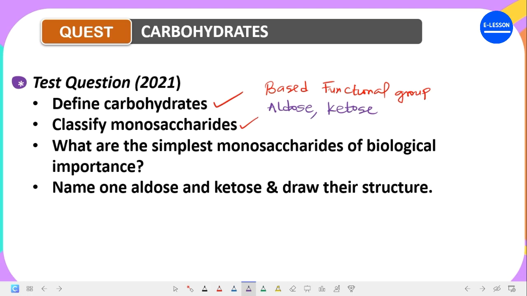Now, I believe that ketone and aldehyde should not be something that we are going to be troubling ourselves with by now. We should be able to distinguish between a ketone and an aldehyde.